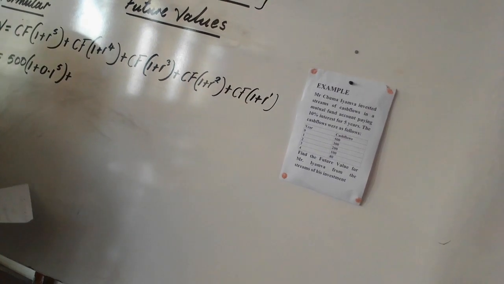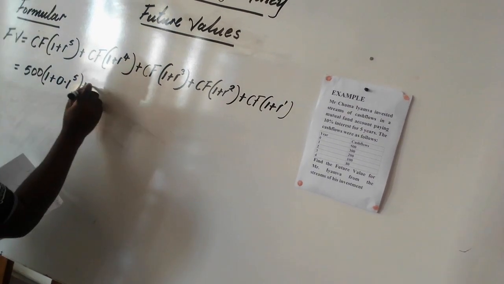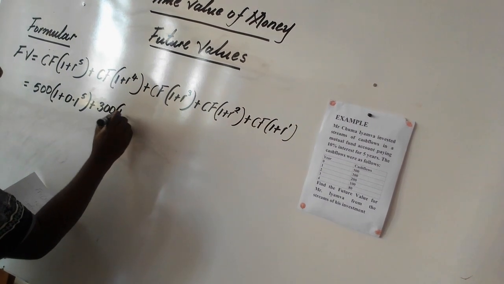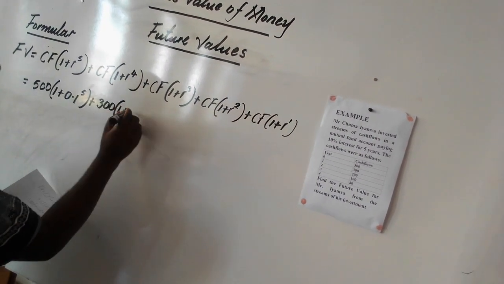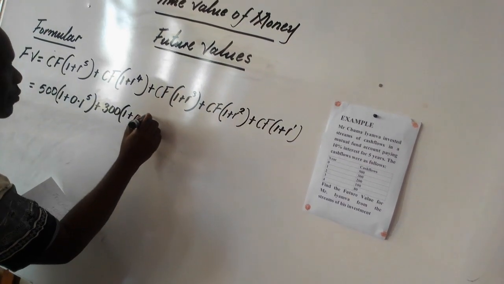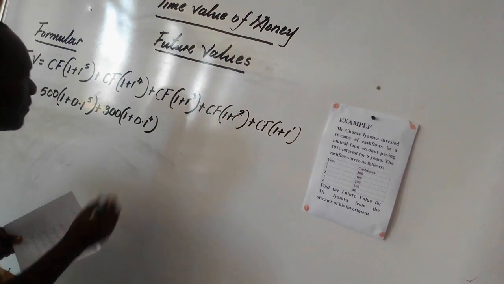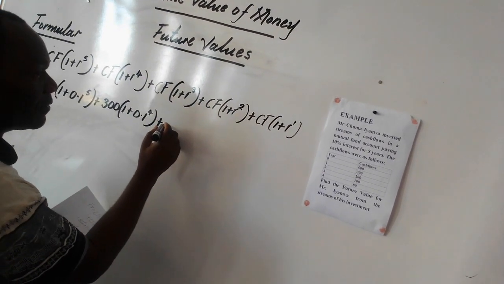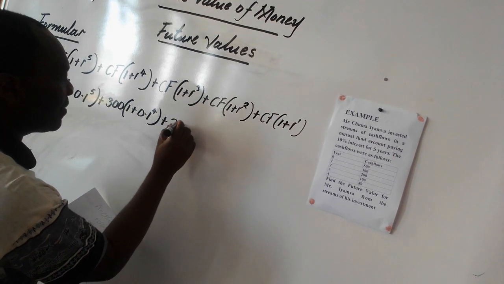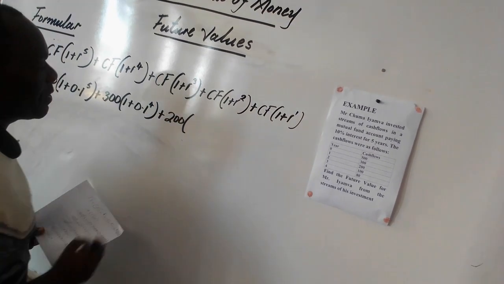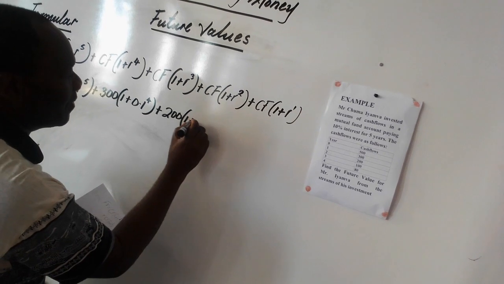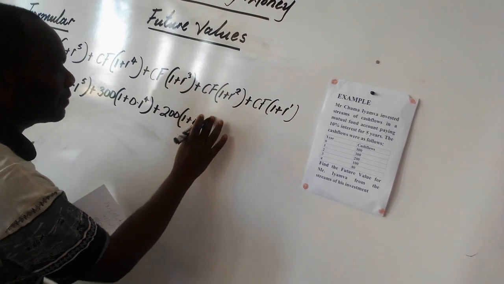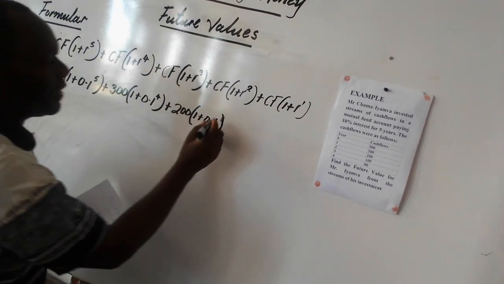Then the second one, we have cash flow, which is 300, open bracket 1 plus our rate, which is 0.1, to power 4. The third cash flow is 200, open bracket 1 plus our rate, which is 0.1, to power 3.